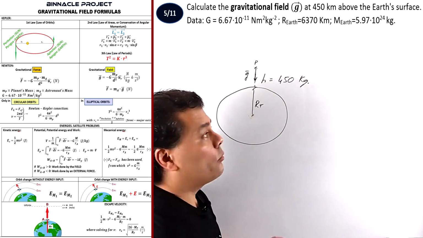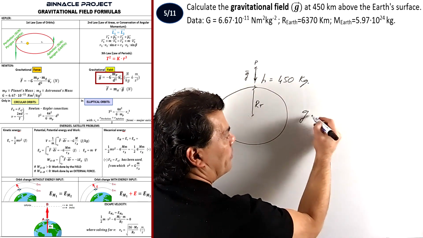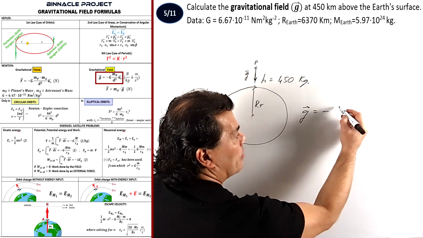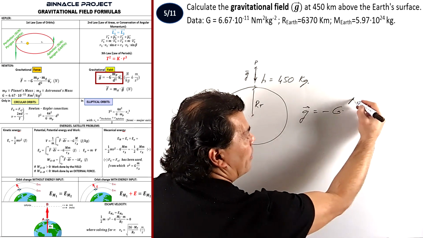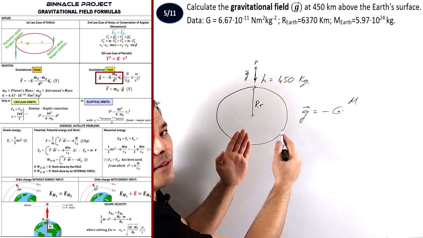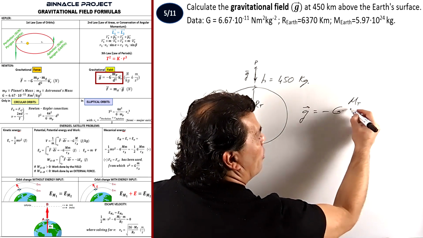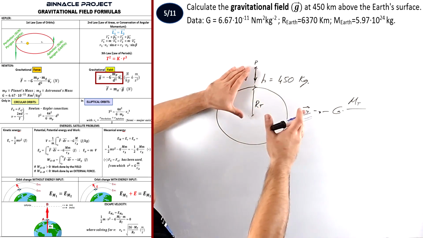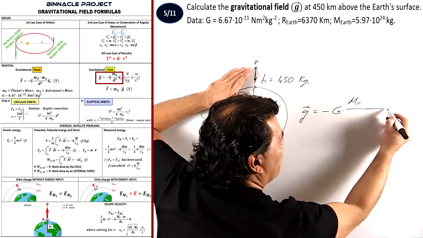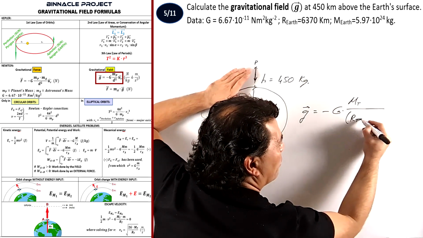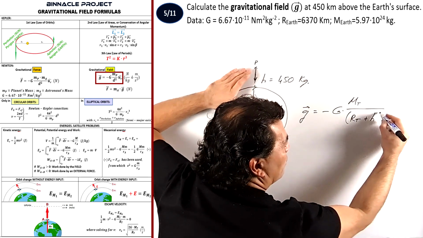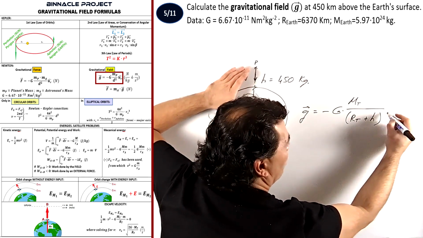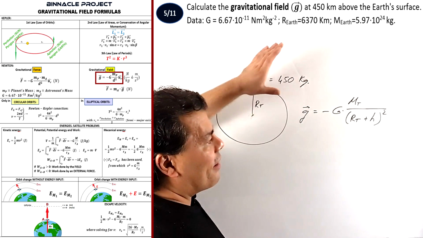And the formula that we are using is this one. The gravitational field equals negative G multiplying the creating mass, in this occasion the mass of our planet, divided by the distance squared. That is the radius of our planet plus the altitude of our satellite, of our point, but squared, okay?